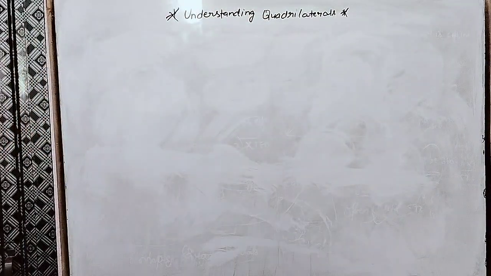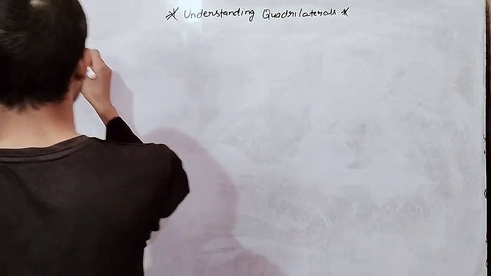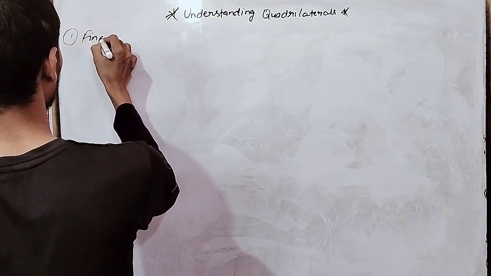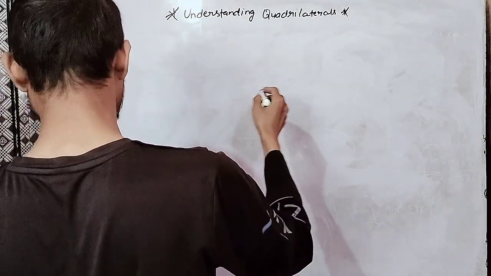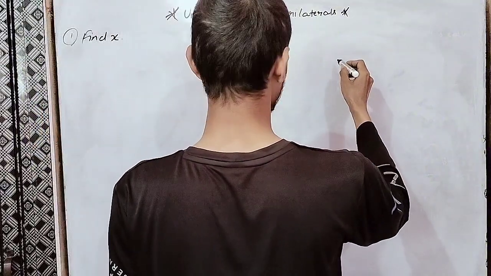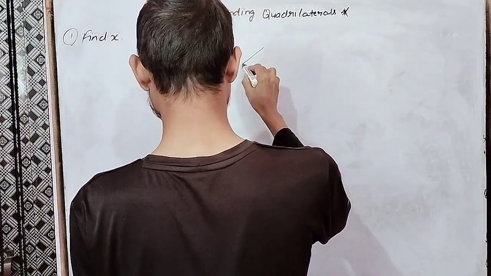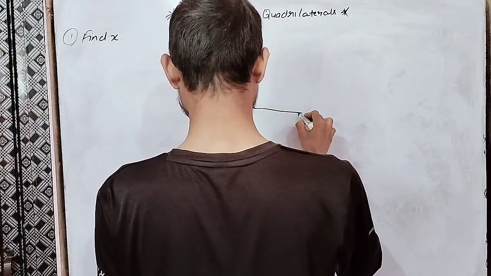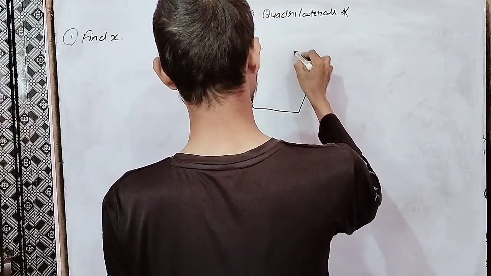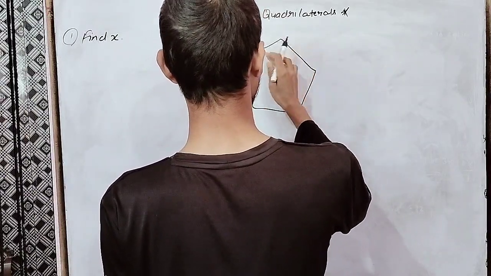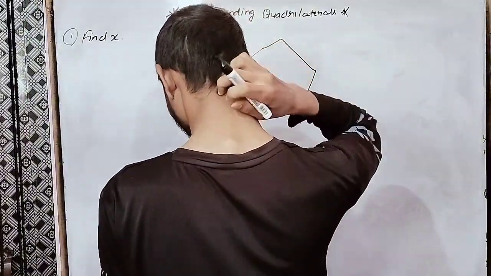Question number 1. Find x. We have a polygon, and the diagram is like this: 1, 2, 3, 4, 5. Pentagon.